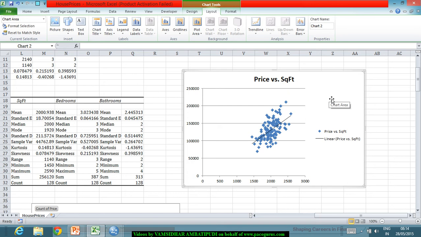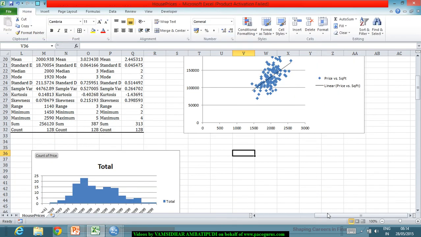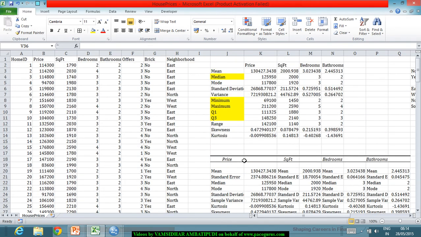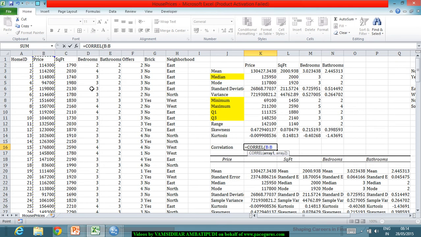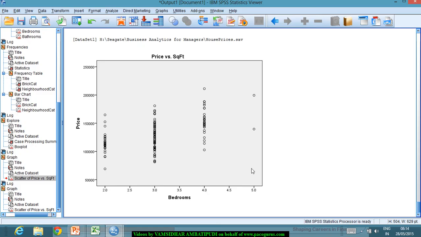By how much extent, or how strongly, can I say that is the situation? That is what will come out with the computation of the correlation between the two. The correlation is a measure of the strength of the relationship between two variables. The correlation between the price and the square foot is around 0.55.